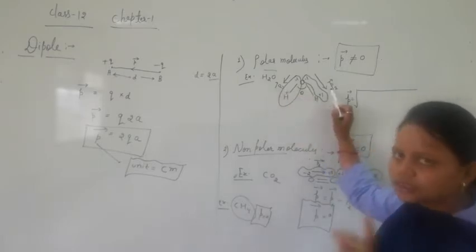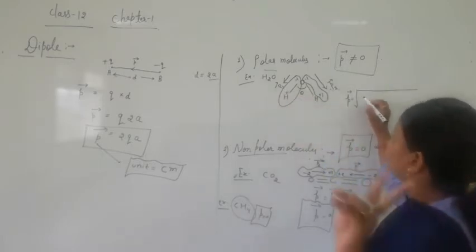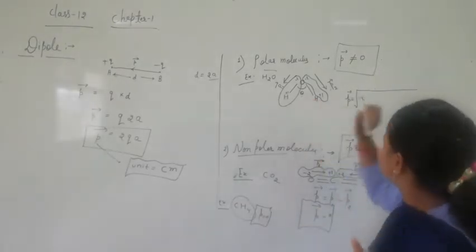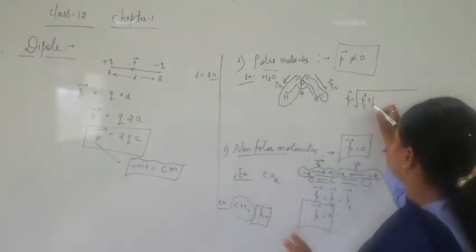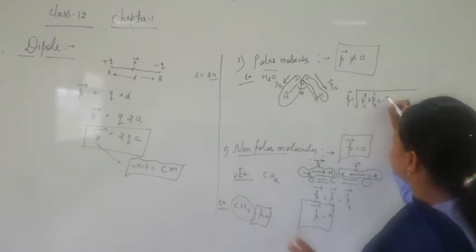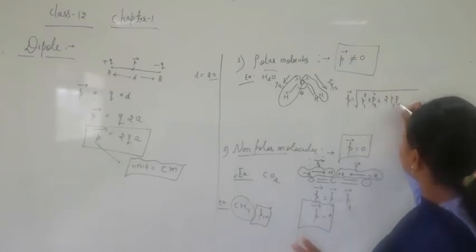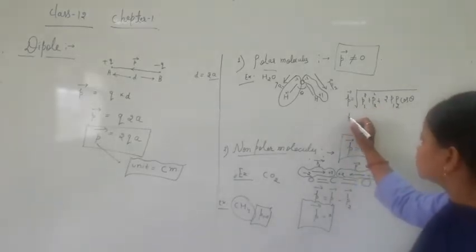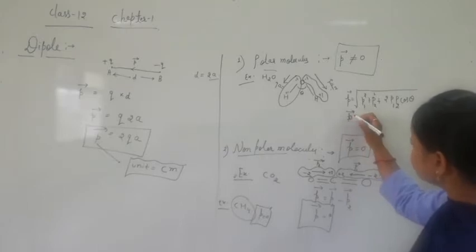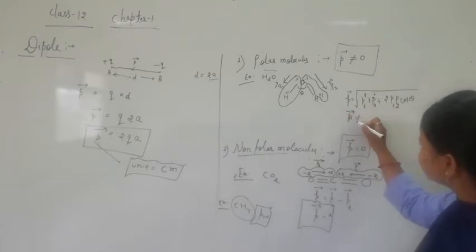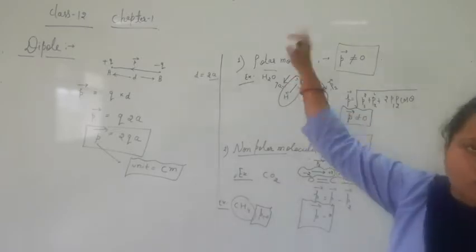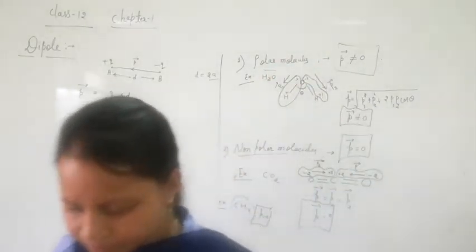P1 and P2 are two vectors having orientation theta, so the resultant is the square root of P1 square plus P2 square plus 2P1P2 cos theta. So the resultant dipole moment will never be 0. So the P vector is not equal to 0, having a permanent dipole moment, so it is called a polar molecule.